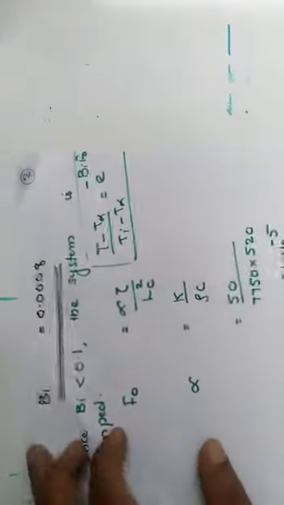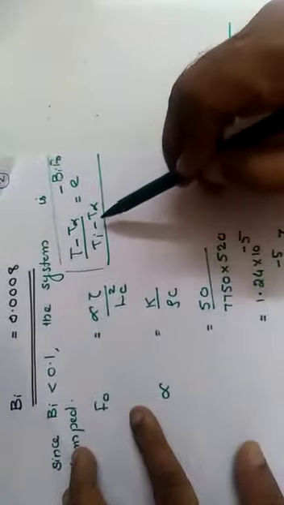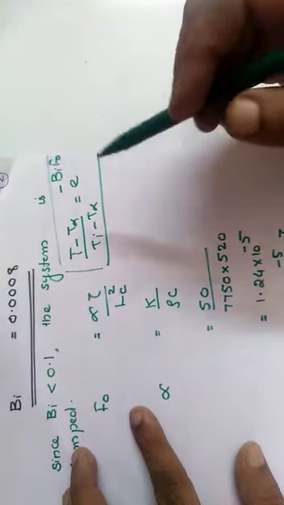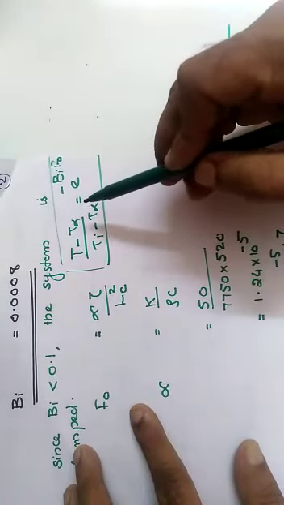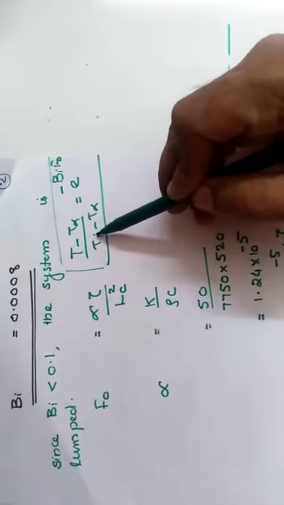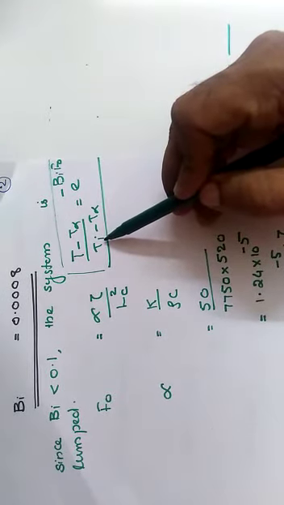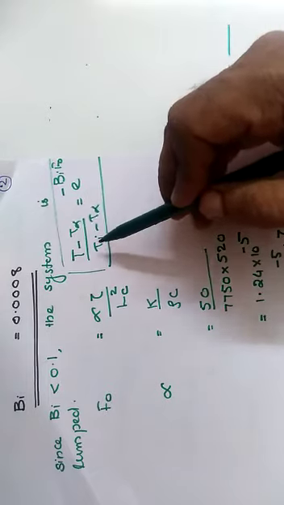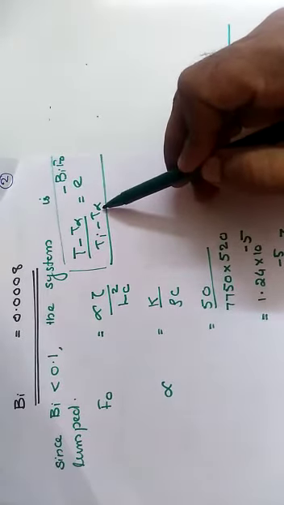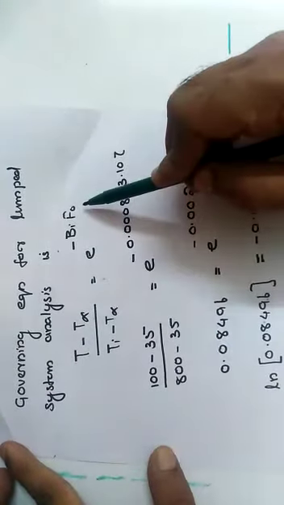So in the governing equation we have the Biot number, the Fourier number. We have to calculate what is the time required to bring a body at an initial temperature of 800 degrees Celsius to 100 degrees Celsius, keeping in an environment of 35 degrees Celsius. So we substitute the given data in the governing equation.